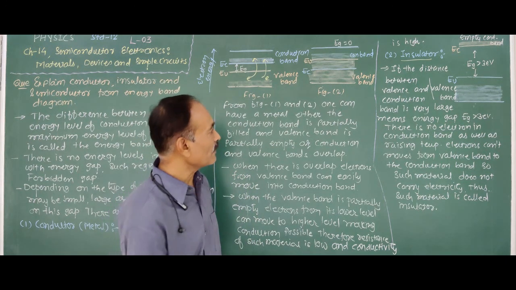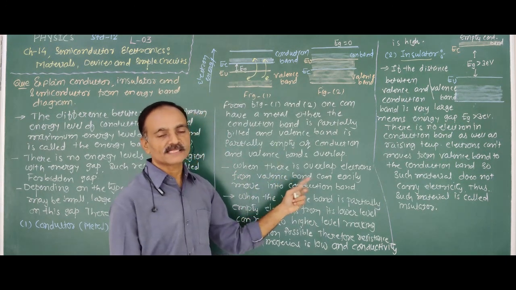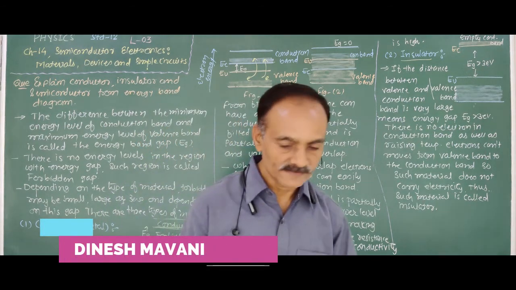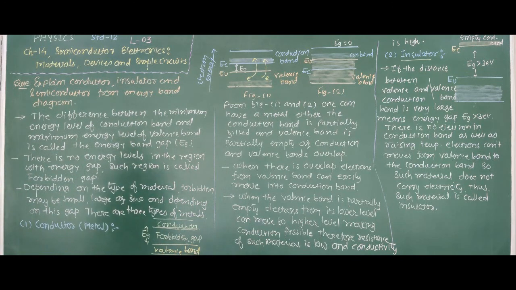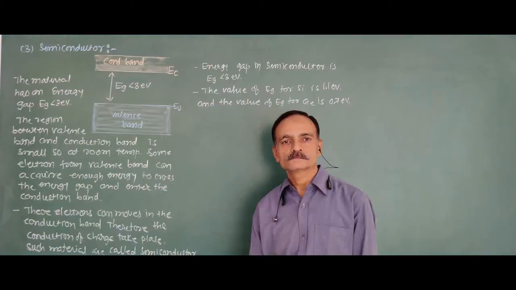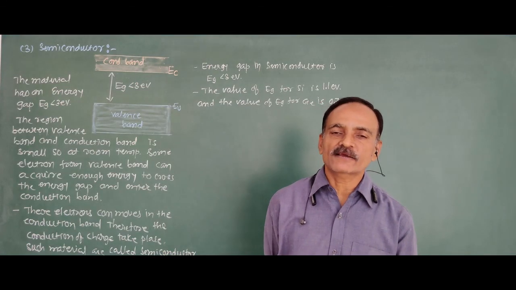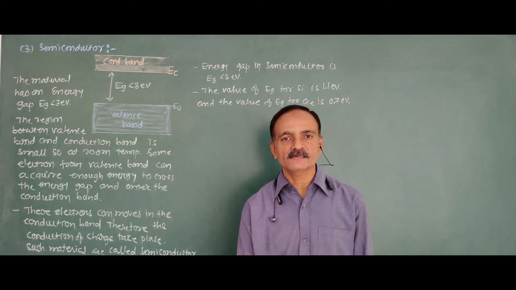So there are two types of material, conductor and insulator. Now we start our discussion about the semiconductor. In semiconductors, we already know that silicon and germanium behave as semiconductors.